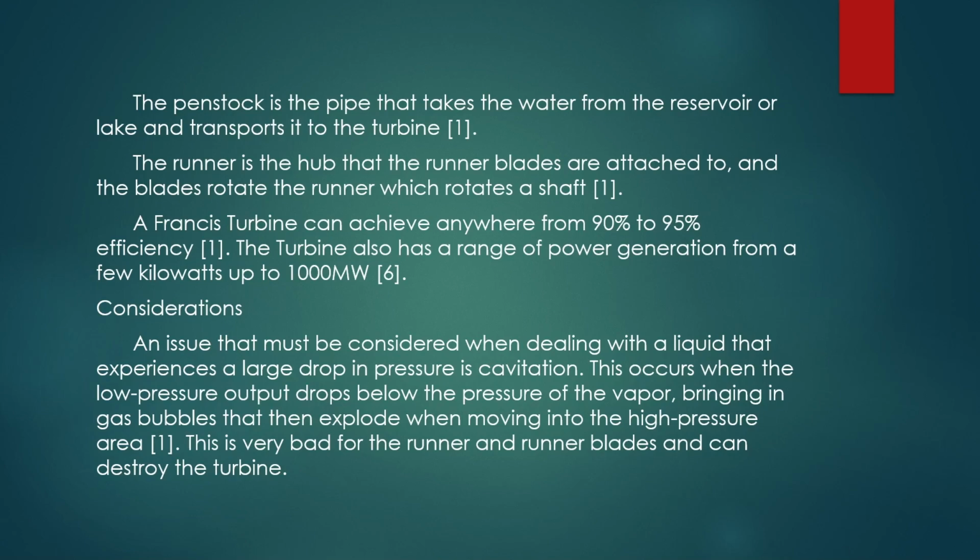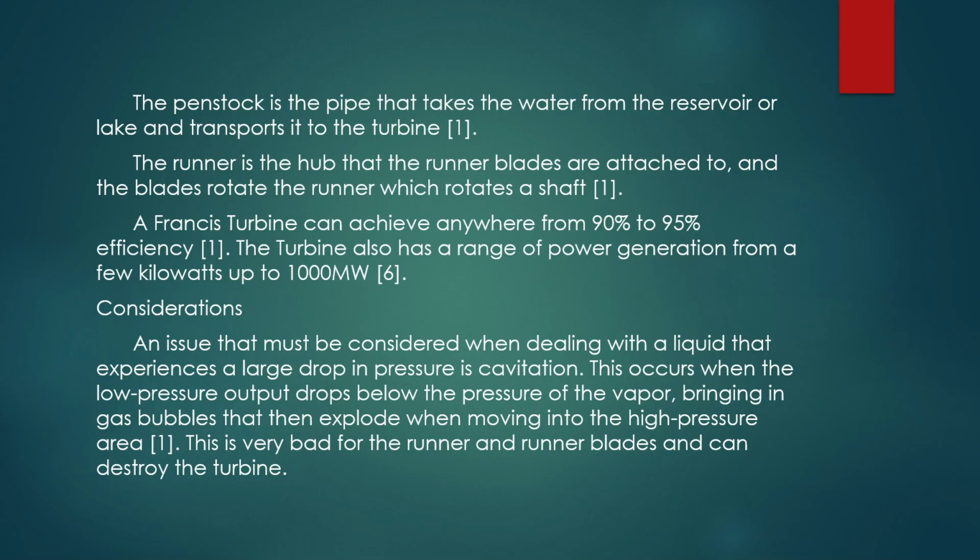Considerations: a big issue with dealing with fluids in general, especially water, and going from high pressure to low pressure suddenly, is cavitation. Basically, it's when you have water at a specific temperature going through and it drops in pressure, and the pressure drops below that of its saturated vapor pressure, I believe.